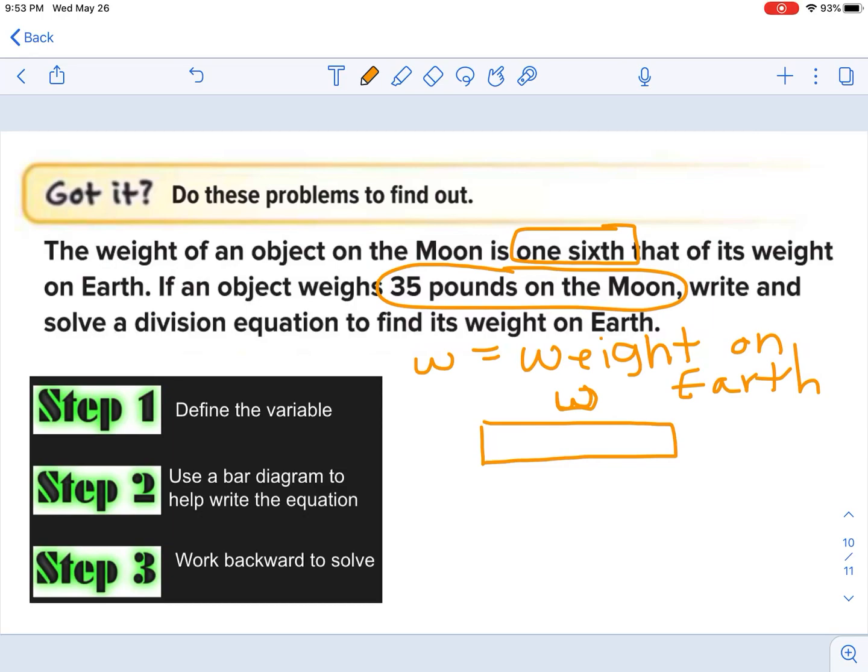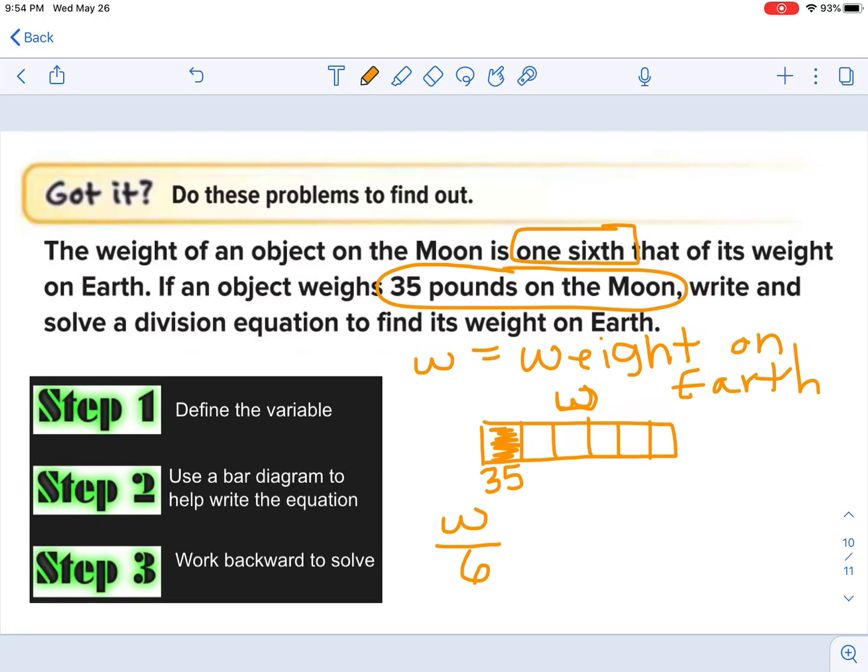But I do know that if I break this up into 6, it's going to be 1/6 of it to have the weight on the moon. So I know that it's 35 pounds on the moon. So I'm taking the weight that it is on Earth, and I'm dividing it by 6. It's going to be 1/6 the weight.